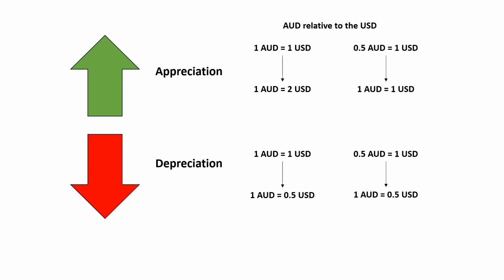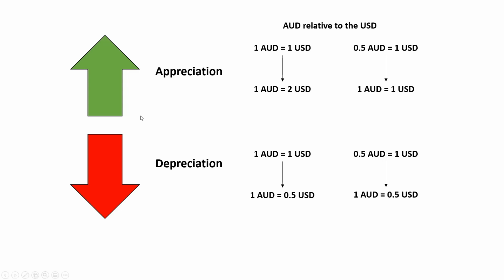Just note that when the Australian dollar appreciates, let's say against the United States dollar, on the other hand, we would say the United States dollar has also depreciated. So when there's an exchange rate fluctuation, there's usually a simultaneous appreciation for one currency and a simultaneous depreciation for another currency. Okay, cool. So now you understand how exchange rates work.